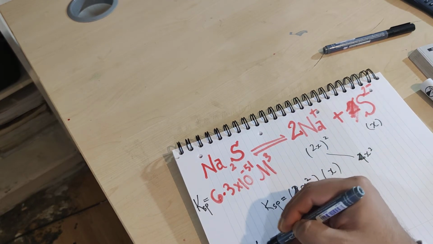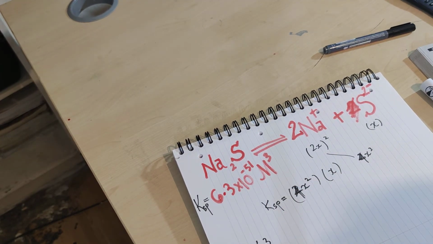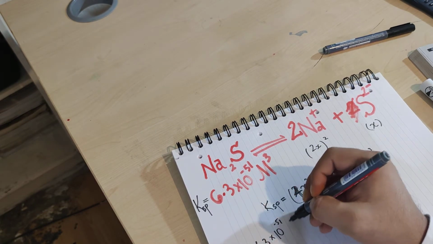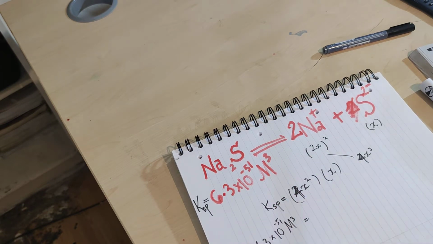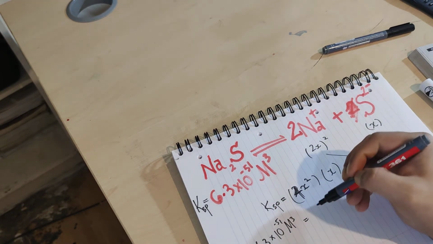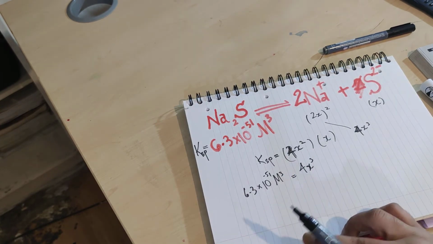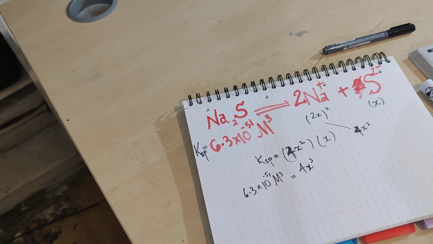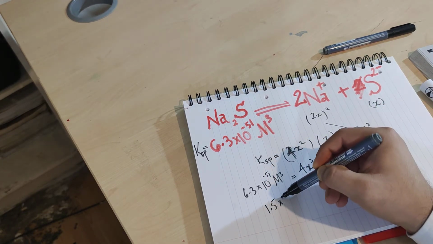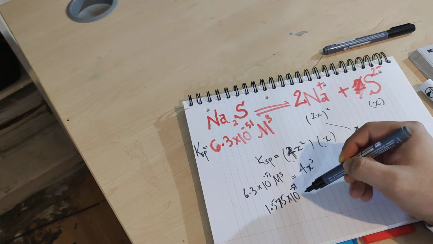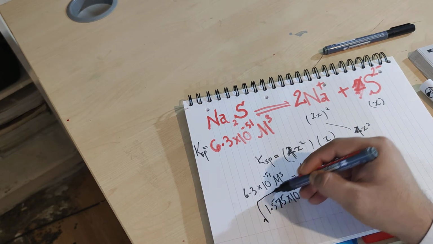That will be 6.3 times 10 to the minus 51 molarity cubed, equals 4x cubed, and then divided by 4, you get 1.575 times 10 to the power minus 51, and then you cube root it.